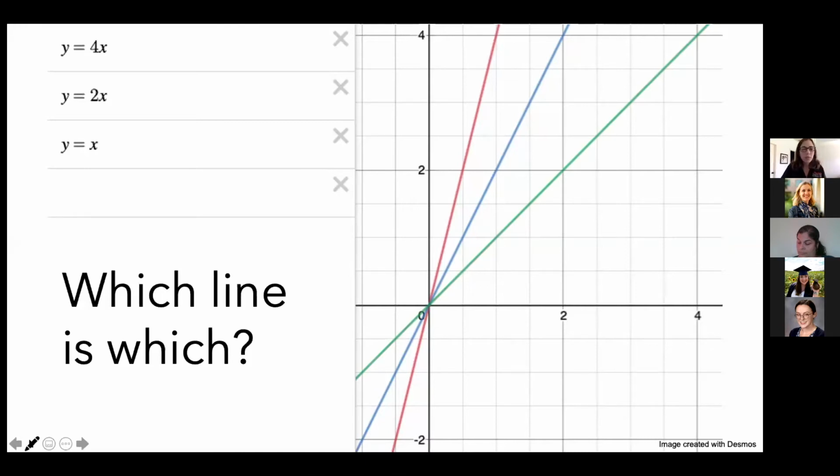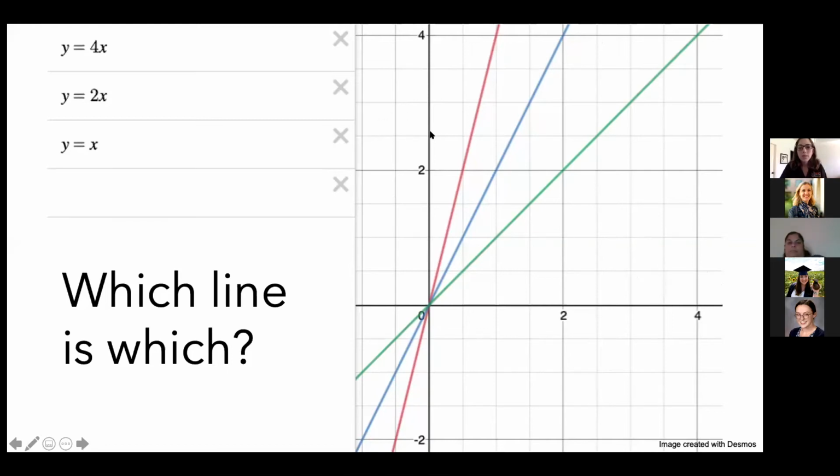So the reason why I want to talk about annotate here is I'm going to ask for a volunteer to please tell me which line is y equals x. To do that, in the participants, if you click participants, if you're in full screen mode, it will be hovering at the top. If you are not in full screen mode, it will be at the bottom, and it's a picture of two people.